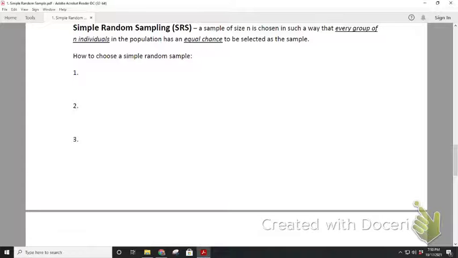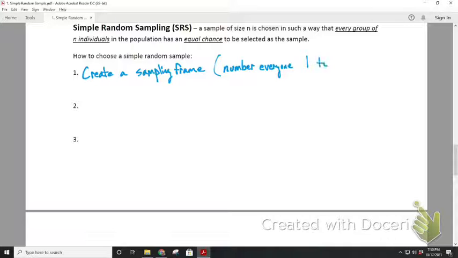Create a sampling frame. And I'm going to give you an example of this in a moment. This means number everyone 1 to whatever the population size is.